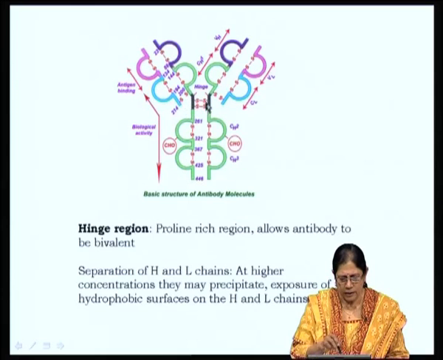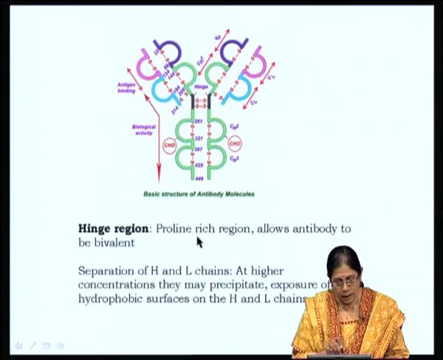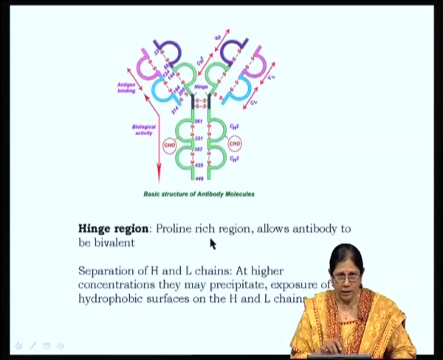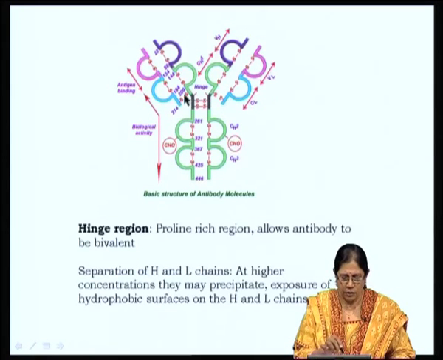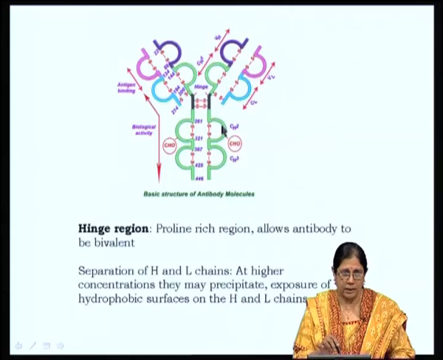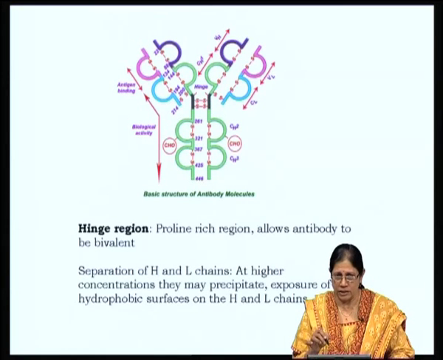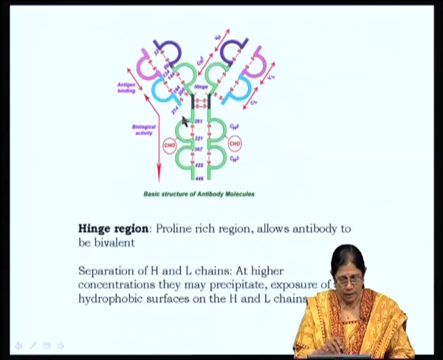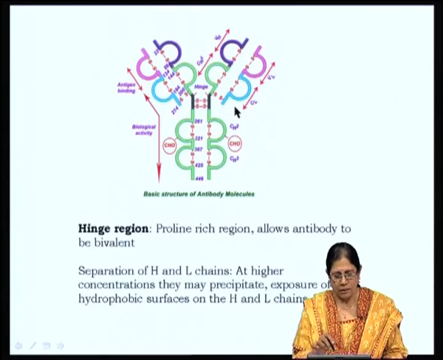It was found that the hinge region has a large number of the amino acid proline. Why proline? It is because the addition or inclusion of this amino acid lends flexibility to the primary amino acid sequence or the polypeptide chain.